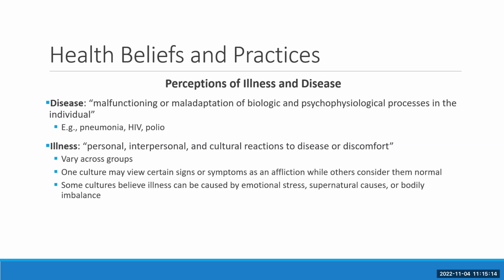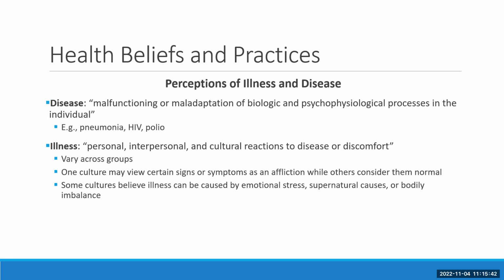So again, this is about perception, and this can really vary. As we talked about in this lecture, there are some illnesses that exist or are perceived to exist only in certain cultures. So that is really the main difference: disease is broadly recognized from a biological standpoint, and illness is more about perception.